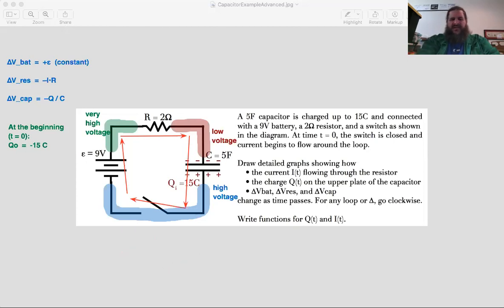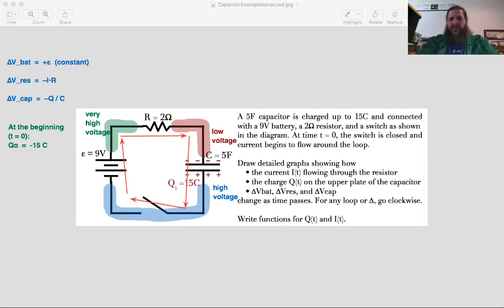Strictly speaking, this is still negative Q over C. It's just that what's the value of charge right now? What value of Q are we assuming at time 0? Yeah, charge itself is a negative value. So if we actually fill these in, epsilon is plus 9 volts.